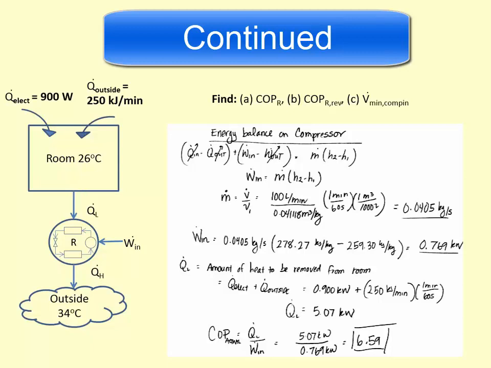So we have Q dot L is equal to 900 watts plus 250 kilojoules per minute. And can we just add these two together? No. So we have to convert kilojoules per minute. 1 minute is 60 seconds, and 1,000 joules per kilojoule, so that we can add those together.